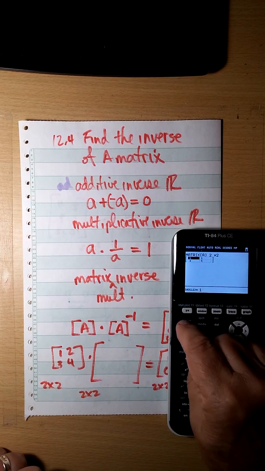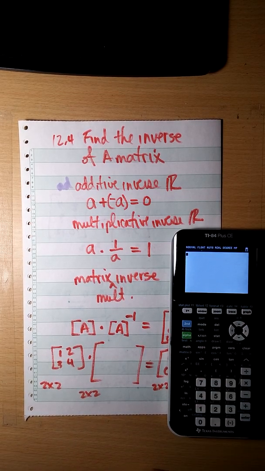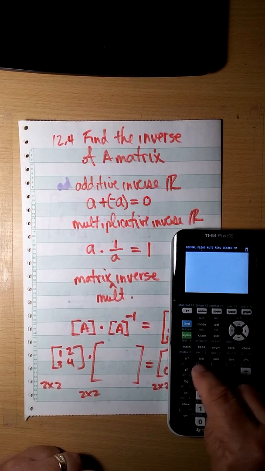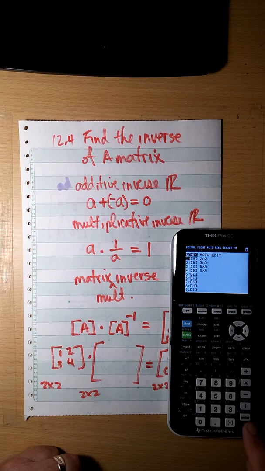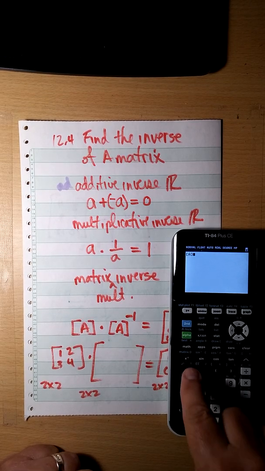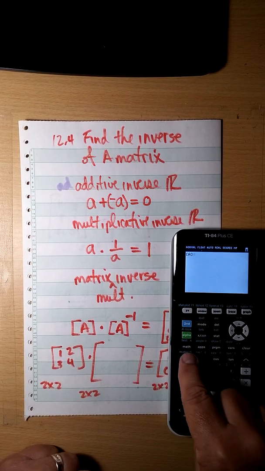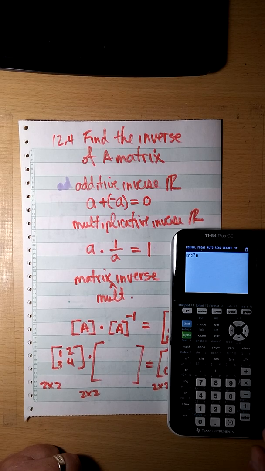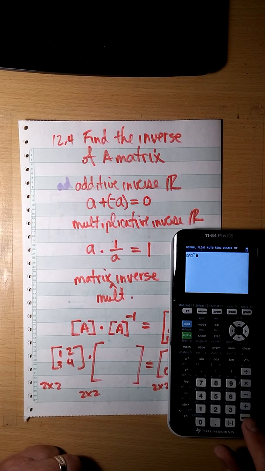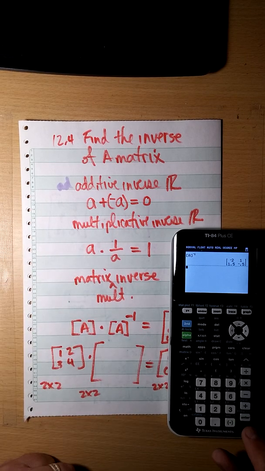Let's get out. Second quit. Now, what's nice with the calculator is you get that matrix, the name A, and you can use this x to the negative 1 to find the inverse. It knows, because this is a matrix, it's not just 1 over a. It knows it's special.